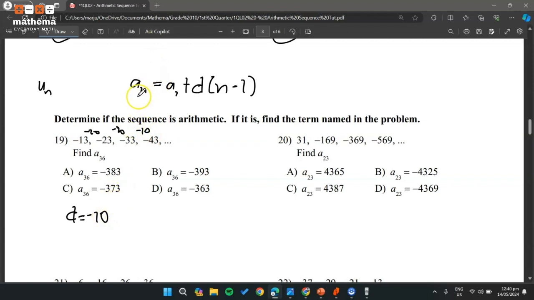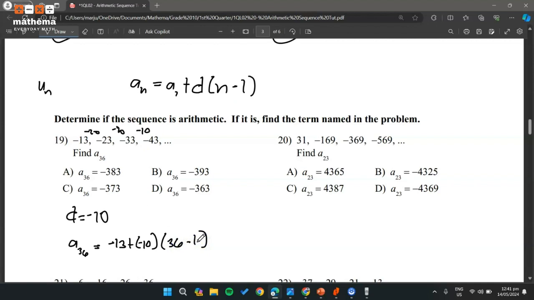So how do we find a36? All we have to do is this. a36 is equal to, what is our a sub 1? That is just negative 13, plus our d, which is negative 10, multiplied by, what is our n? Our n is 36, so we have 36 minus 1.